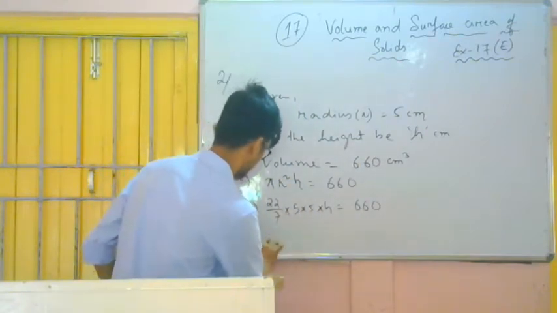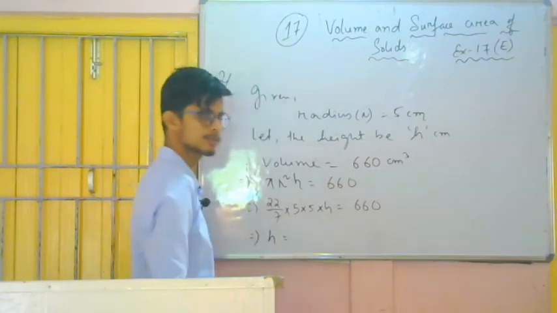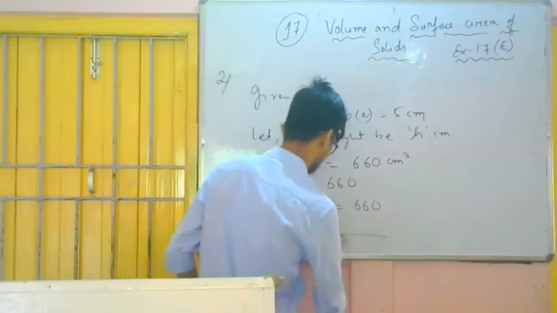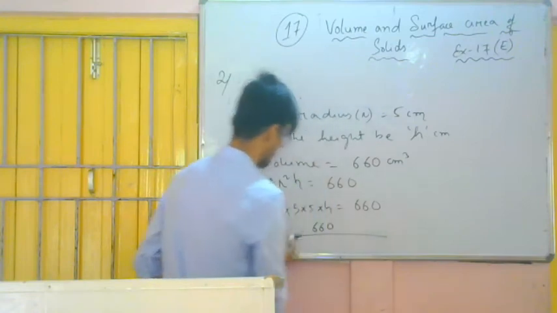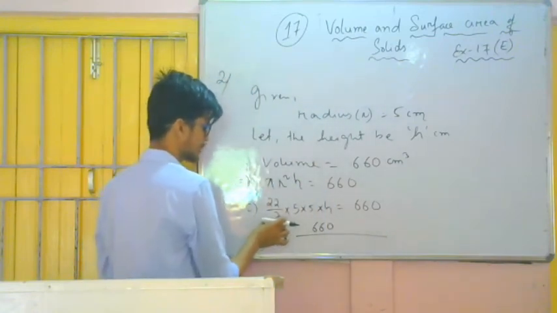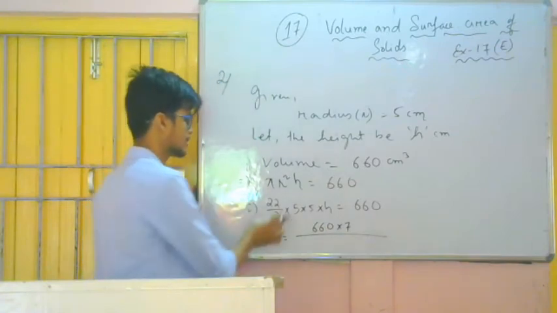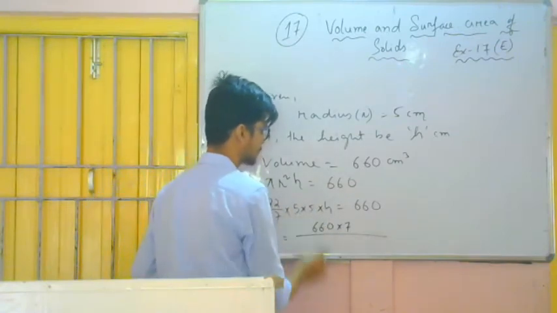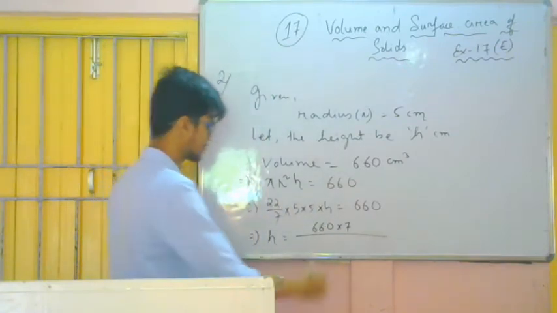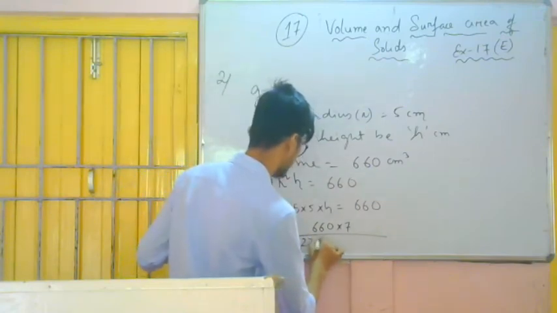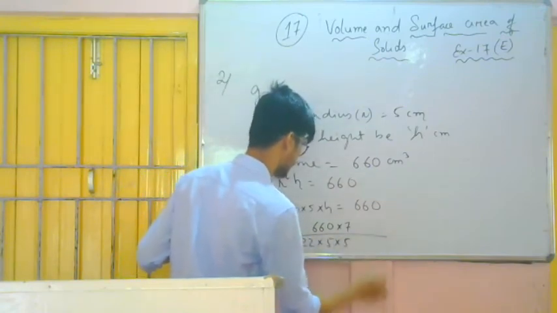So height will be equal to 660. Here 7 is in the denominator, so on that side it will come in the numerator. These things, 22, 5 and 5, are in the numerator, so they will come in the denominator, 22 into 5 into 5.